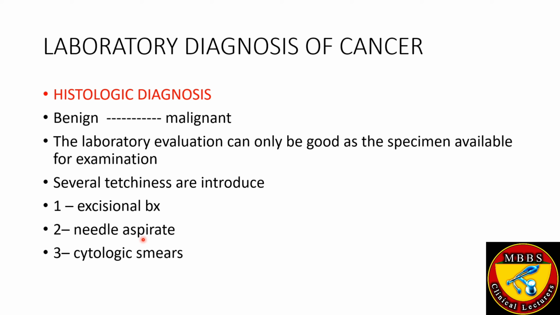But in the cytological smear, the smears are usually taken from body cavity secretions, like pap smear from vaginal secretions, bronchial brush secretions, or urine cytology. These are all smears which are taken from body secretions.